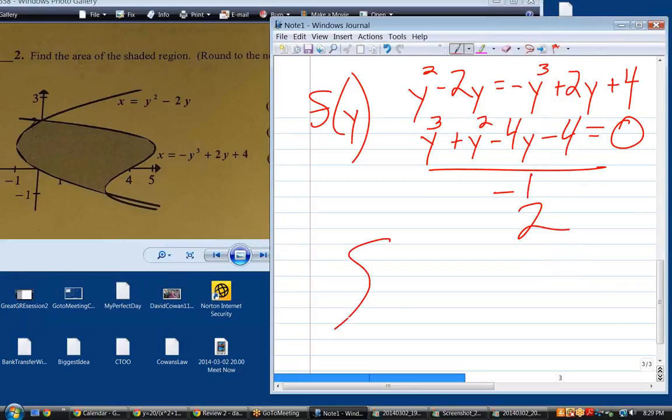So now I'm going to integrate from what to what? Negative 1 to 2.